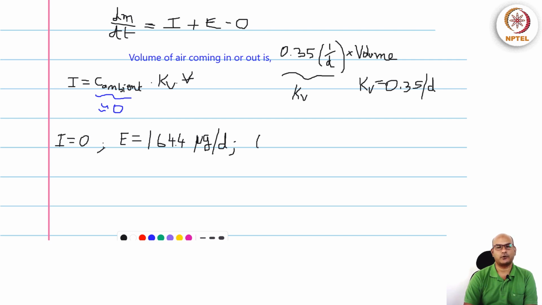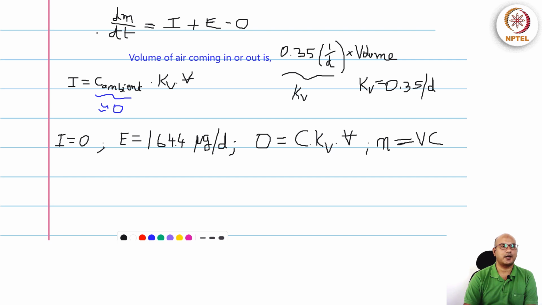O is the outflow, so this is equal to the concentration in the room multiplied by KV multiplied by volume. So we will keep this. Also we know M is equal to V times C, or C times V.